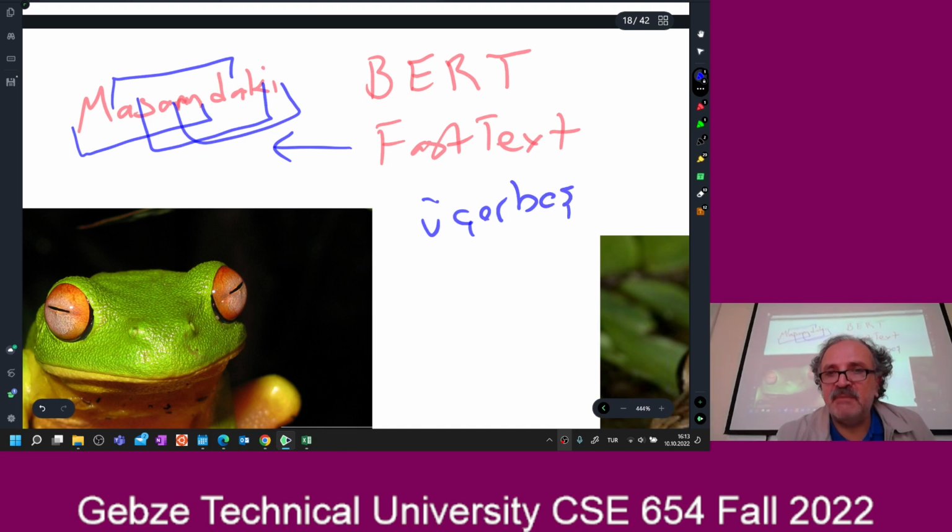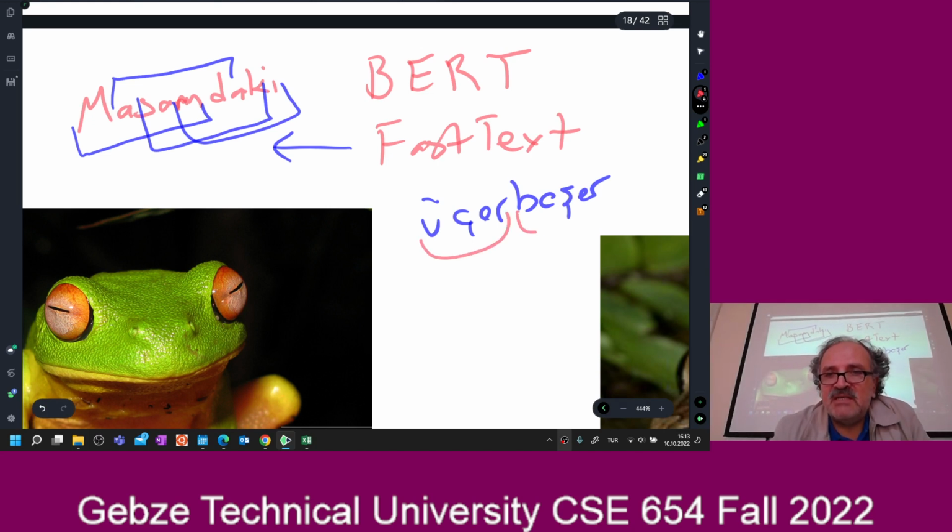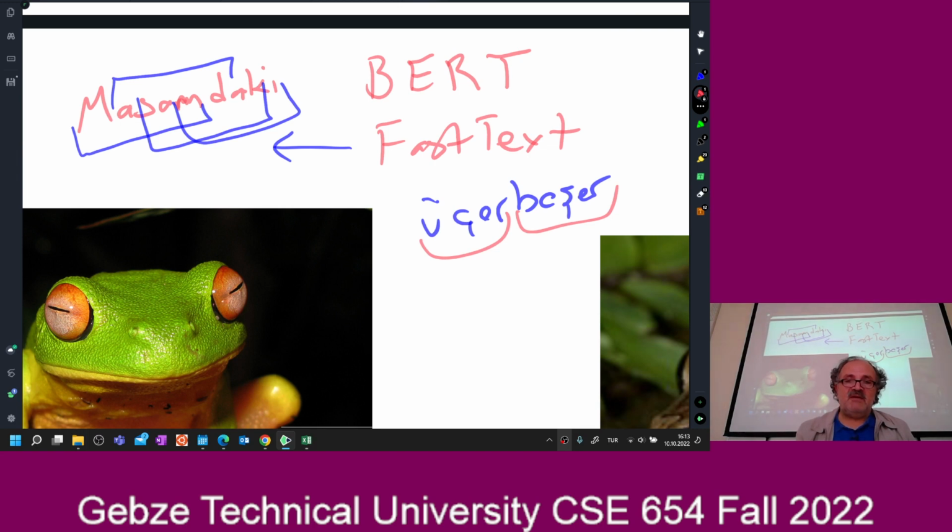Üçer beşer: somebody wrote this as a single word. FastText can assign a vector to it without seeing this word even before, because it says I have seen this part before, I have seen this part before, I will add them up. That will make the vector for this üçer beşer. And it works very nice. So it's much better for Turkish than Word2Vec, but the idea is the same.